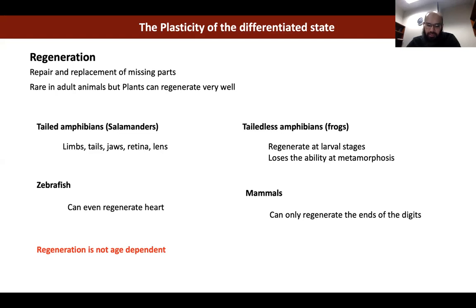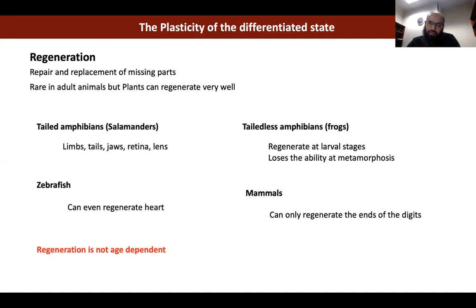Another important point to consider here is that regenerative ability is not dependent on age. This was very nicely demonstrated by experiments in the adult newt, a type of salamander, which lives quite long.